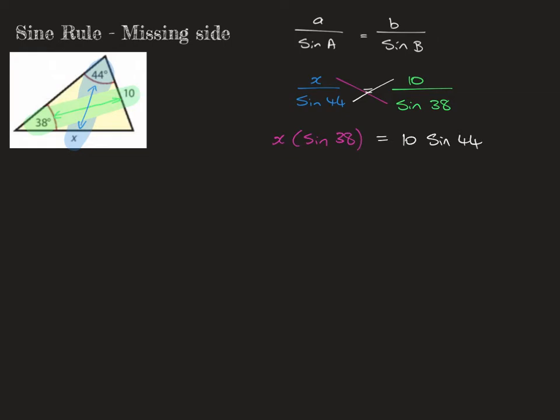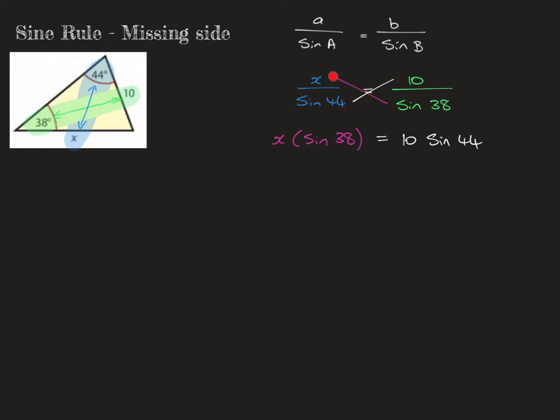Just to reiterate, we had a fraction equals a fraction. If we have that, we need to multiply the numerator by the denominator of the opposite fraction, and multiply the numerator by the denominator of the diagonal fraction.